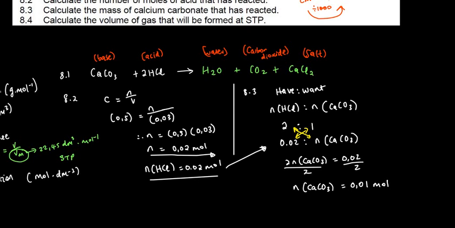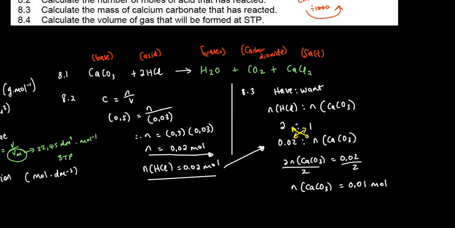Now we have the number of moles of the calcium carbonate that we didn't have before, right? Yes, sir. But the question wanted us to get the mass of that calcium carbonate. So since we have the number of moles, if we can still remember the diagram, we said if you have the number of moles, you can get anything else. Yes, sir. So now we're going to get the mass.